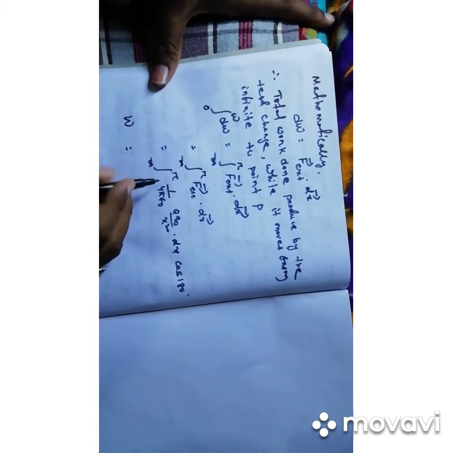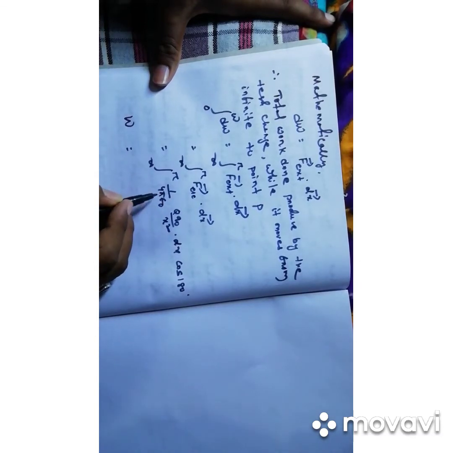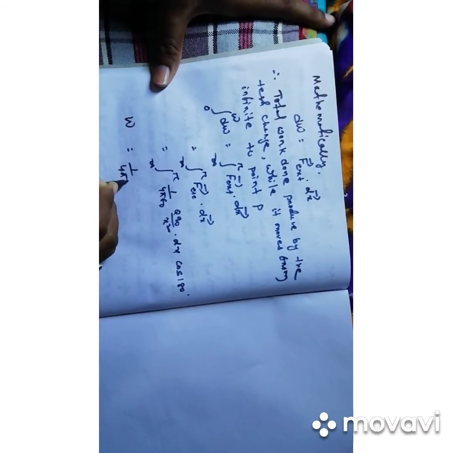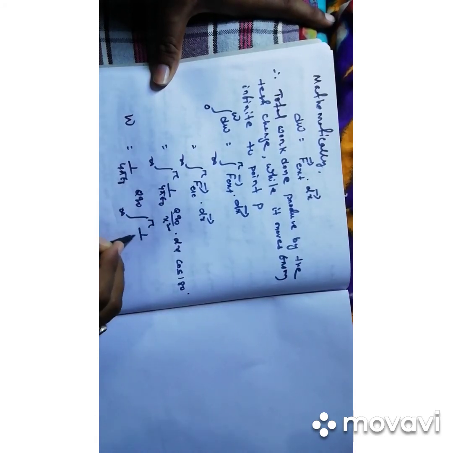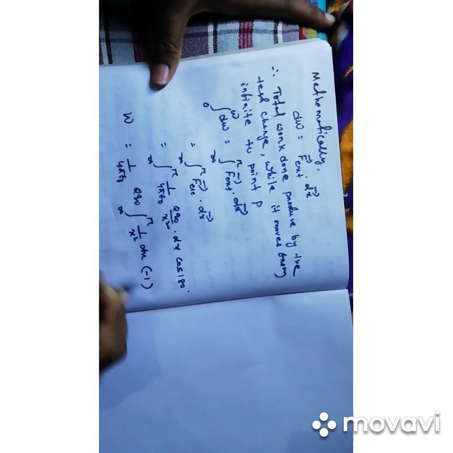Okay, here 1 by 4 pi epsilon 0 q naught, all are constant quantities, taken outside. So here you write 1 by 4 pi epsilon 0 q naught taken outside, integration from infinity to r 1 by x square dx into cos 180 degree, which is represented as minus 1.